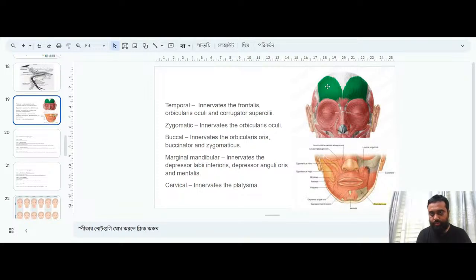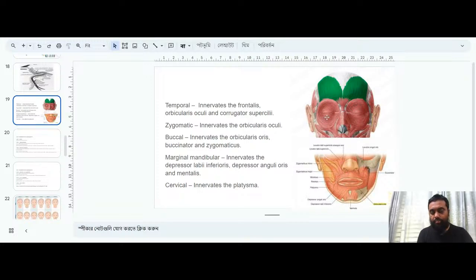The contraction of this frontalis causes wrinkling in our forehead. And here is the muscle that encircles our eye opening, named the orbicularis oculi, and some muscle encircles our mouth opening, known as the orbicularis oris.